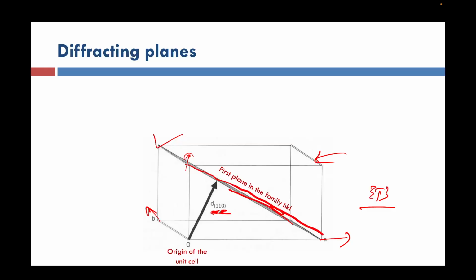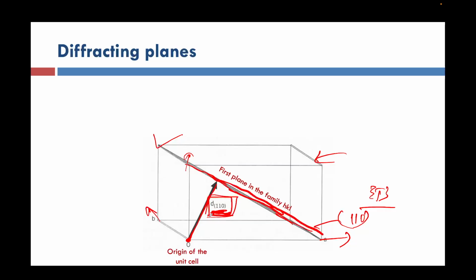If I am talking about the 110 plane, they represented this plane by a vector whose magnitude is the interplanar spacing between the plane and the origin, right?